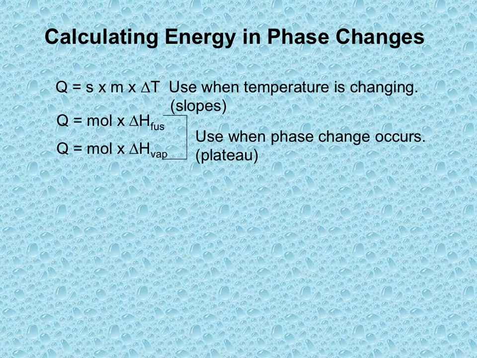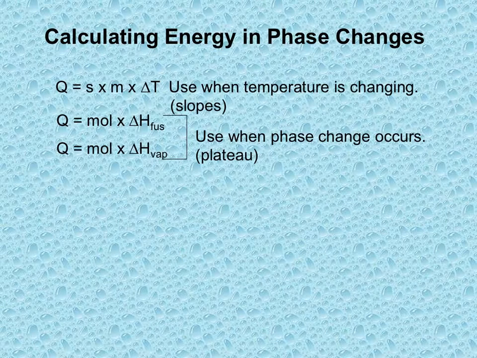That would mean the slopes of the curves. On the plateaus, if it's the lower plateau where we're having fusion or melting, or freezing if you're removing heat, melting if you're adding heat, we will multiply the moles times the heat of fusion to get the amount of energy necessary to make that phase change.